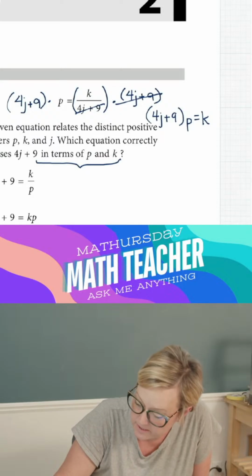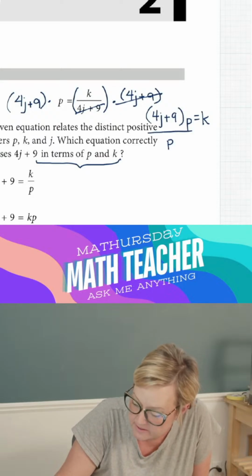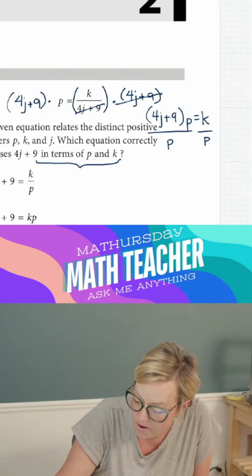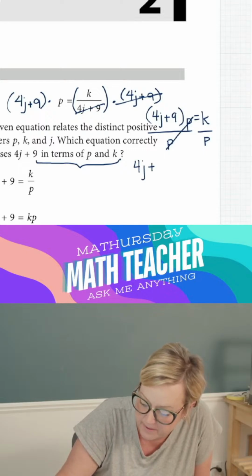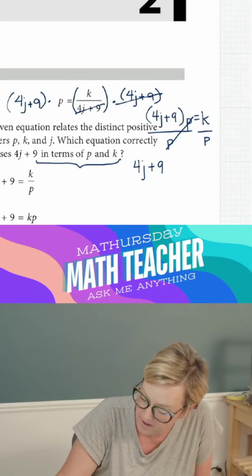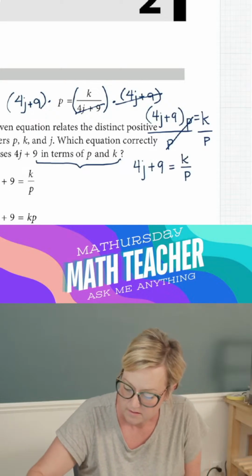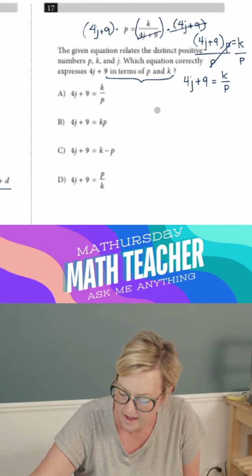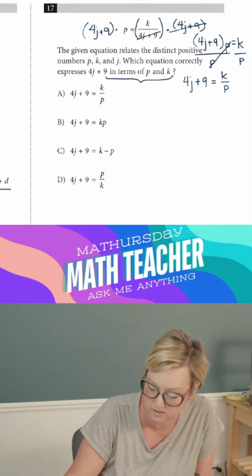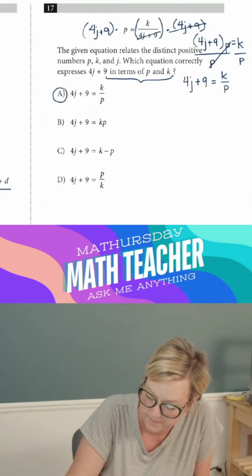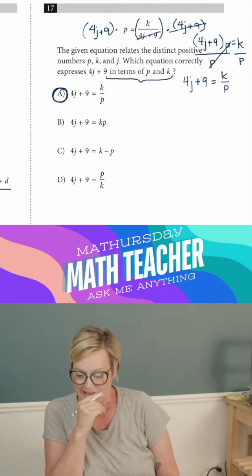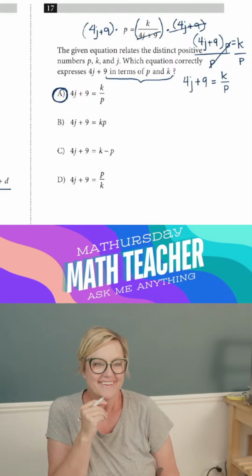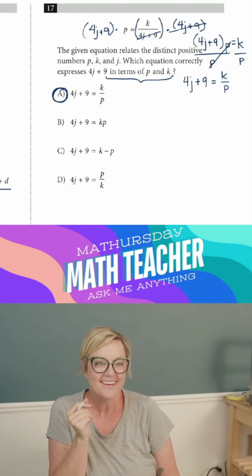Then I would divide by P on both sides, so those cancel out. All I have on this side is 4J plus 9, and I've got that equal to K over P. And that is identical to answer choice A right here, okay? There we go.